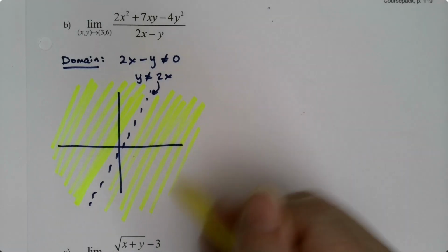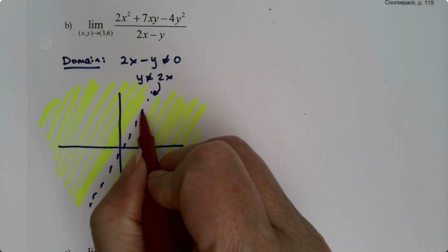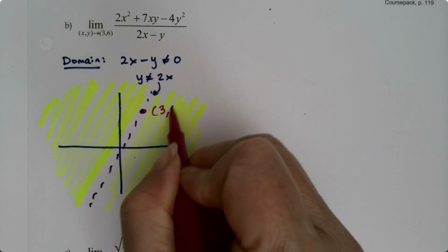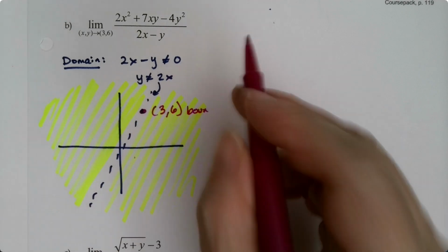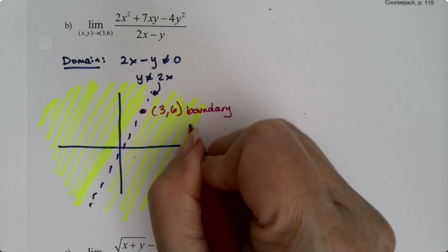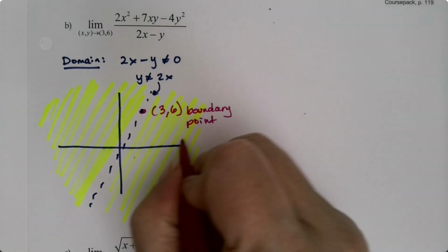Right? So that's our domain. Okay, now we need to find (3, 6). Over 3, up 6 is a boundary point, because 3 times 2 is 6. So that's a boundary point. So we're going to have to use pre-calculus.